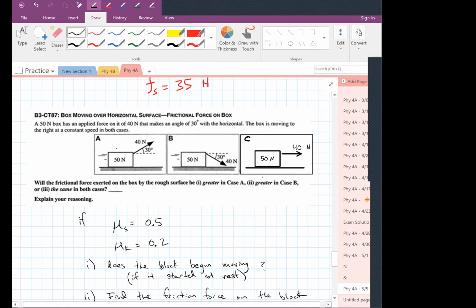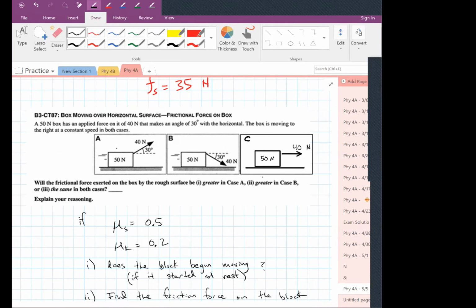I added a third one, so A, B, and C. Let's do C first, and then we'll do one of the other 2, and then you can do the third one later if you need to. So we'll do C, and then we'll do A.